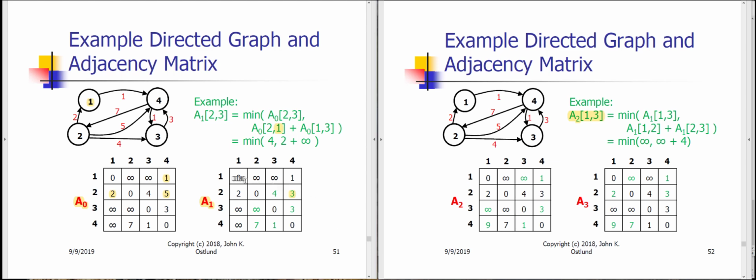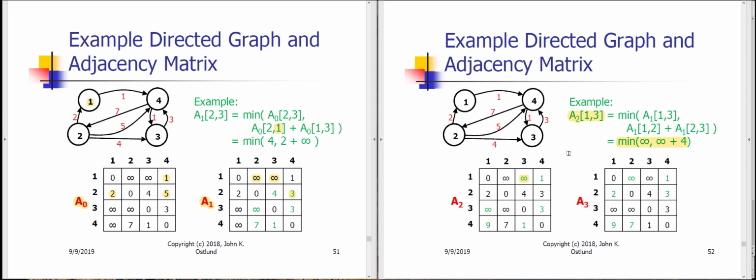Now, in this particular case, A sub 1 of 1, 3 is infinite. We certainly can't do worse than that. A sub 1 of 1, 2 is also infinite, unfortunately. So what we're going to compute here is the minimum of infinity or infinity plus something. And so in A sub 2, we still have not found a short path from source 1 to target 3, either directly or by using node 1 or by using node 2 as an intermediate node.